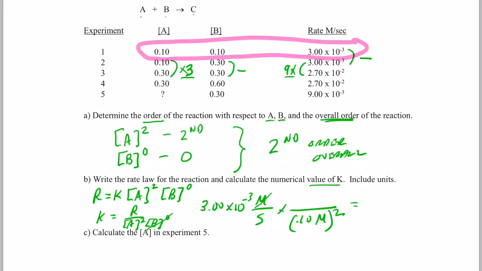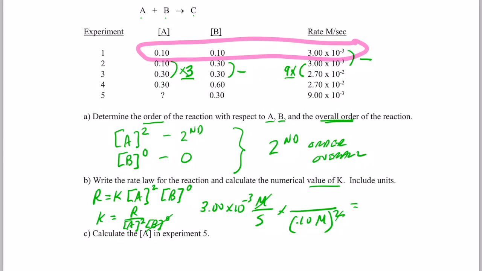So it looks like one of these molarity units cancel out. So I have 1 over second molarity units remaining. And let's do the math now. We have 3 E to the negative third divided by 0.1 squared. And so I end up with a rate constant of 0.30, 1 over second molarity units.